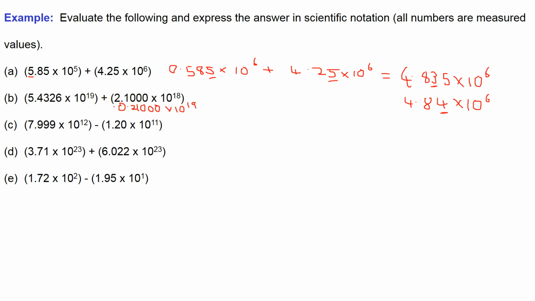So it's a bit clunky doing addition and subtraction and rounding off to the correct number of significant figures in scientific notation. So you can have a practice at these. It's a little awkward, that's for sure.